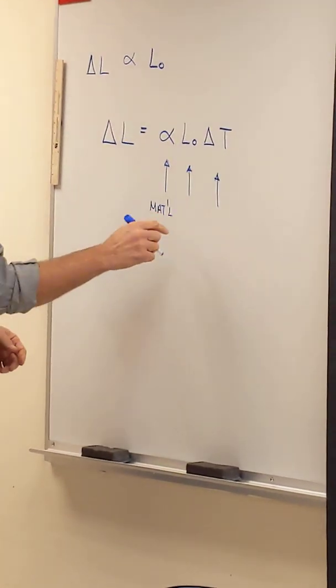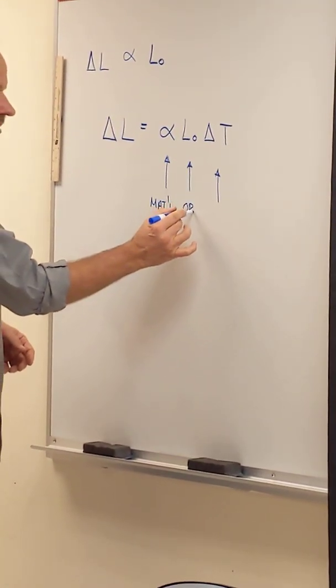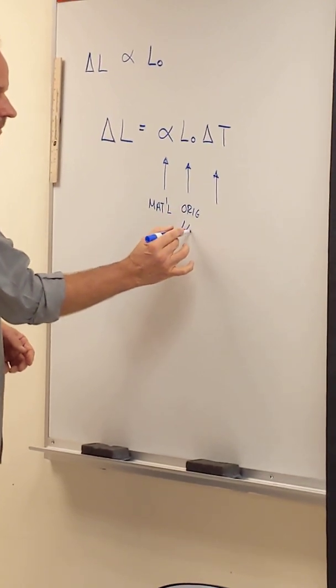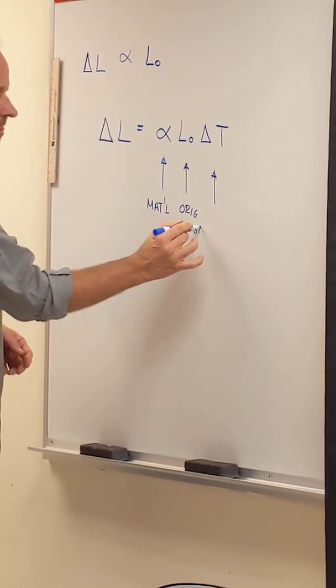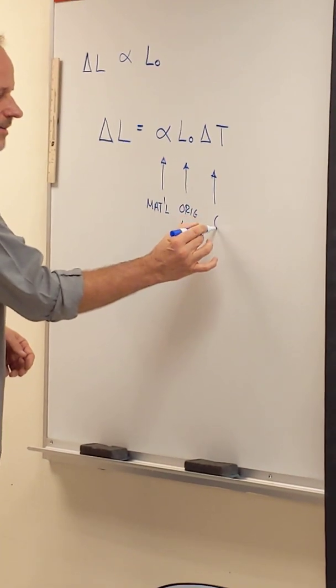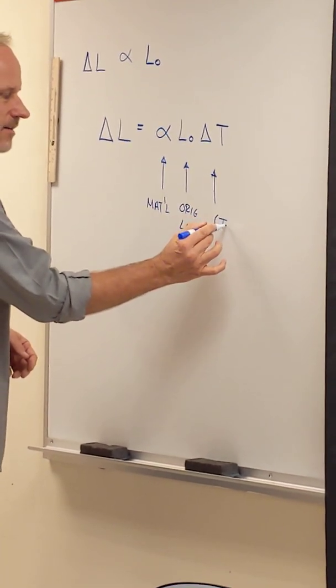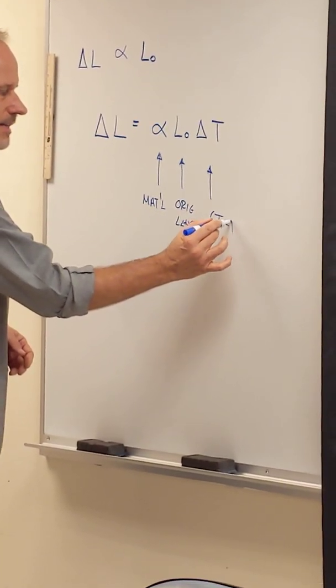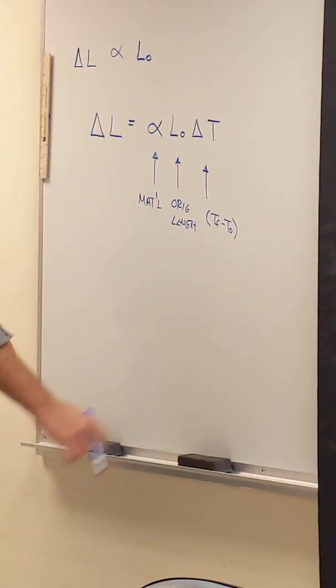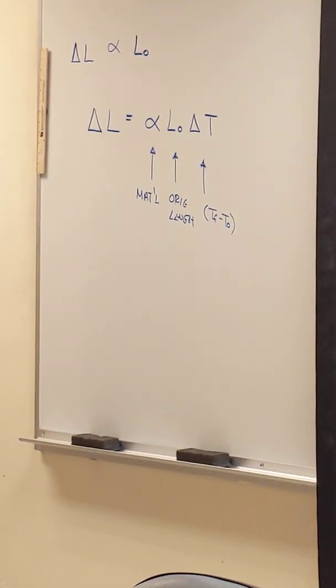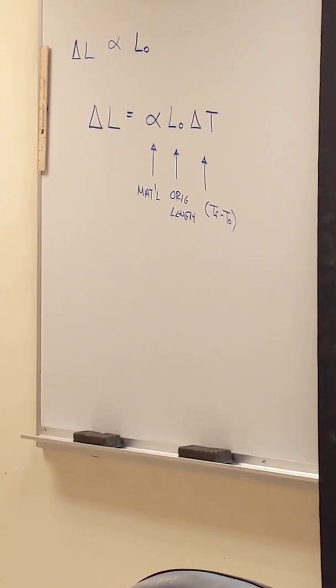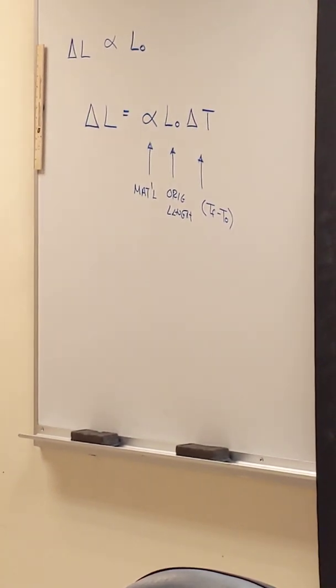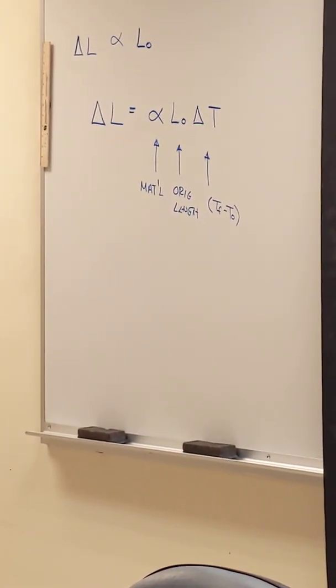L naught is, as I've said, the original length. And let's not be confused, delta T is T final minus T initial. Remember, delta anything is always final minus initial.